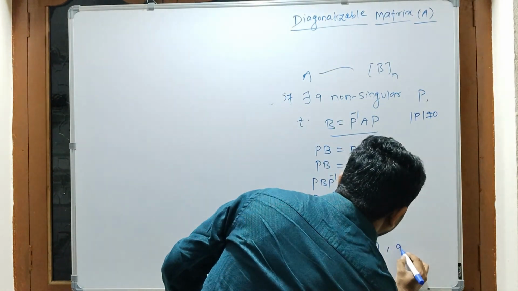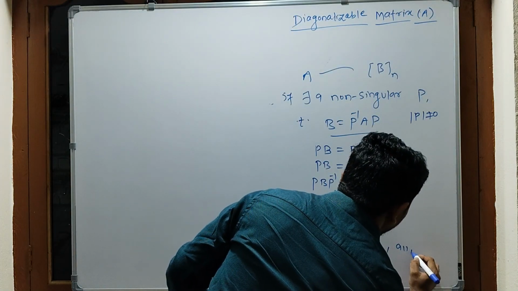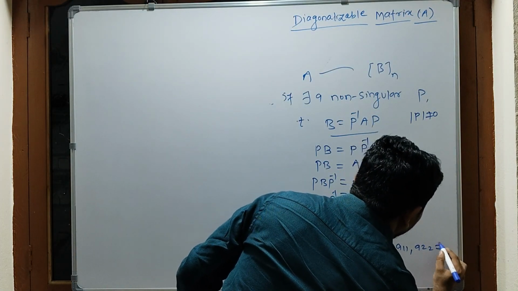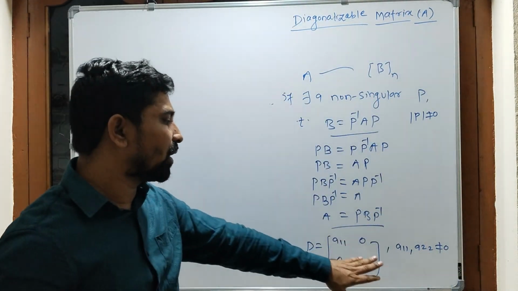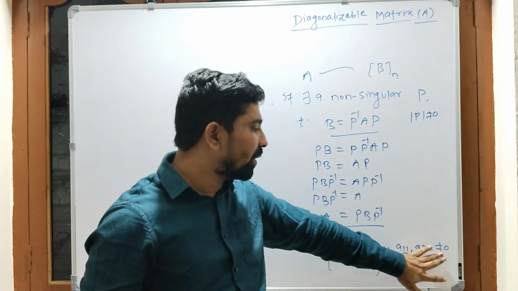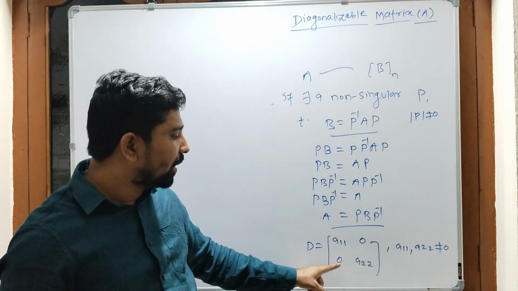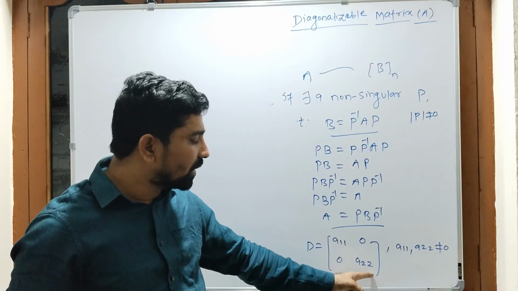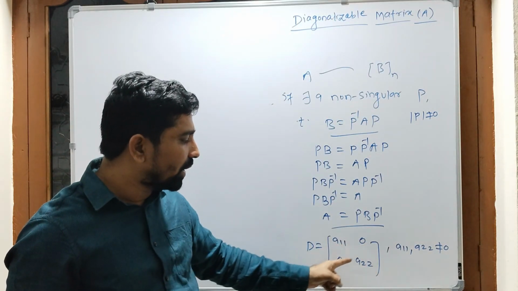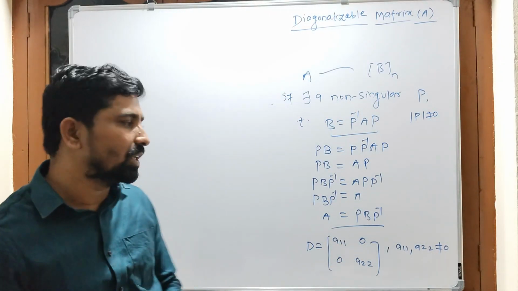Of course A11 and A22 are non-zero. Just for the sake of understanding, I am taking the A11 and A22 entries as non-zero, and these are the diagonal entries, and the non-diagonal entries, A12 and A21, are 0. So this is the diagonal matrix D.